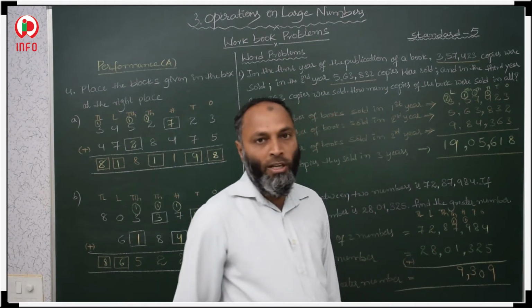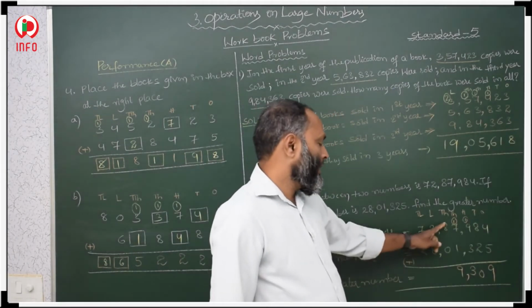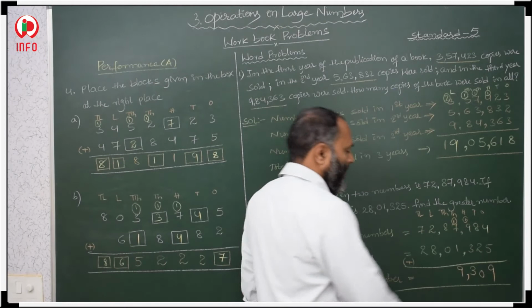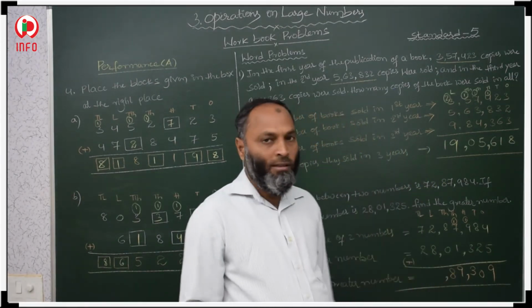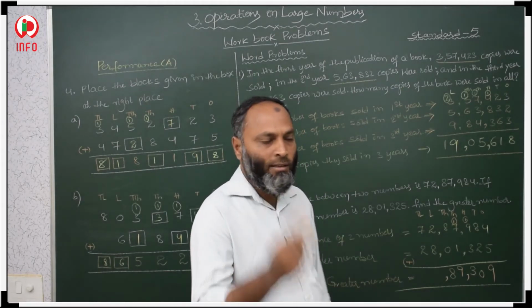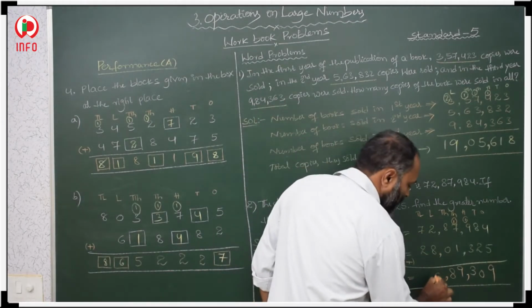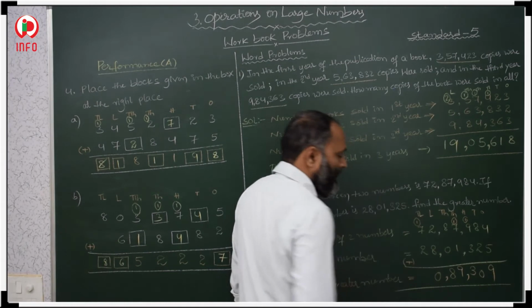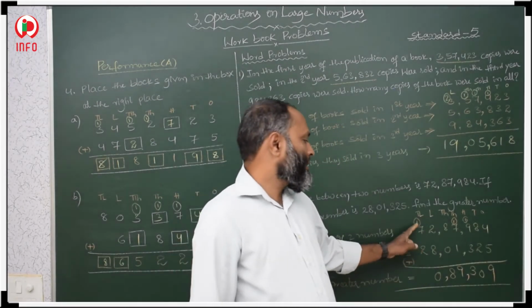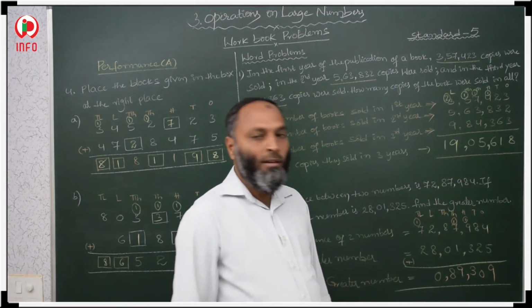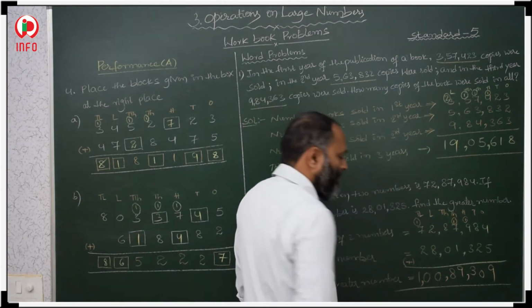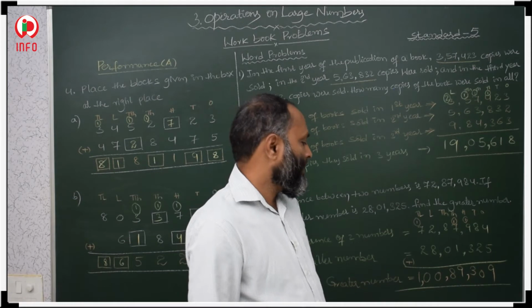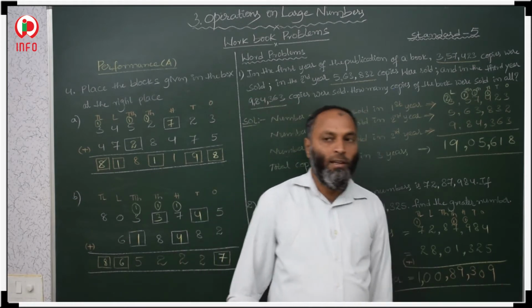Single digit, no need to carry. 8 plus 0 is 8. Then 8 plus 2 is 10. 10 means 0 in lakhs, 1 in 10 lakhs. 7 plus 1 is 8, 8 plus 2 is 10. Then 1,89,309. This is our greater number.